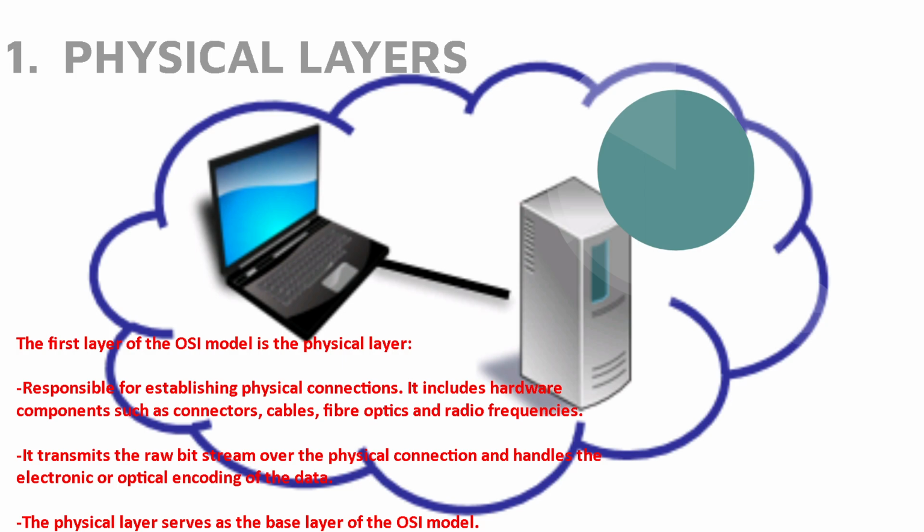And furthermore, there may be switches and routers, or the hardware or equipment physically. It transmits the raw bit stream over the physical connection and handles the electronic or optical encoding of the data. The physical layer serves as the base layer of the OSI model. So it's the first layer, the very base.